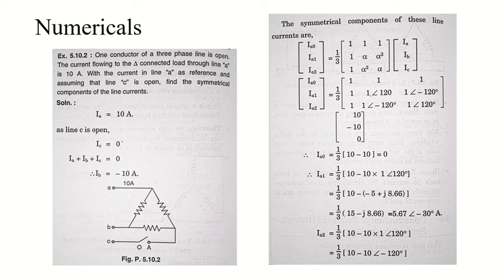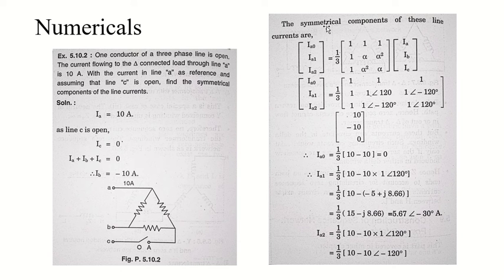Now you just have to substitute these values in the symmetrical component matrix. So remember what was the formula for the symmetrical component matrix? The formula was: Ia0, Ia1, Ia2 will be equal to 1/3 times matrix A inverse into matrix I, and A inverse stands for this: 1 1 1, 1 alpha alpha square, 1 alpha square alpha.